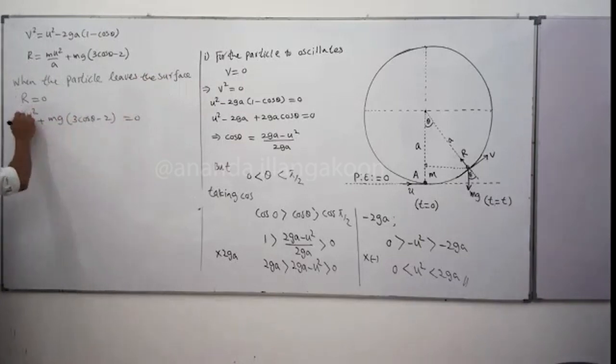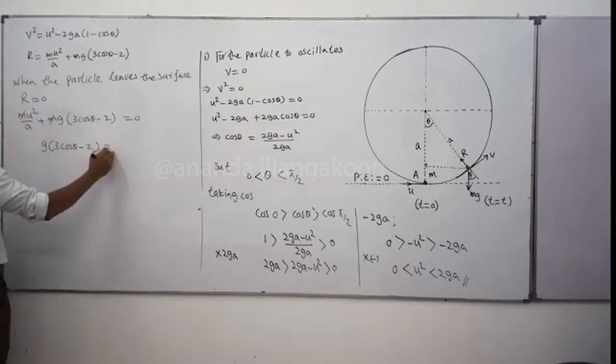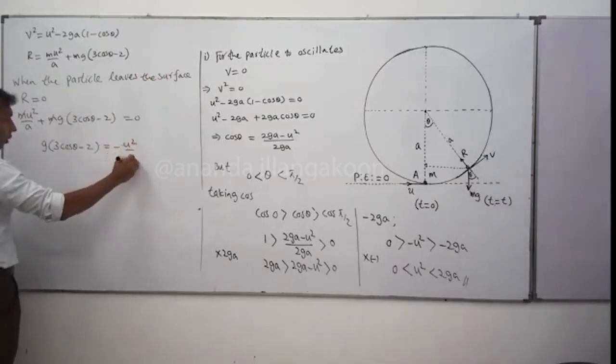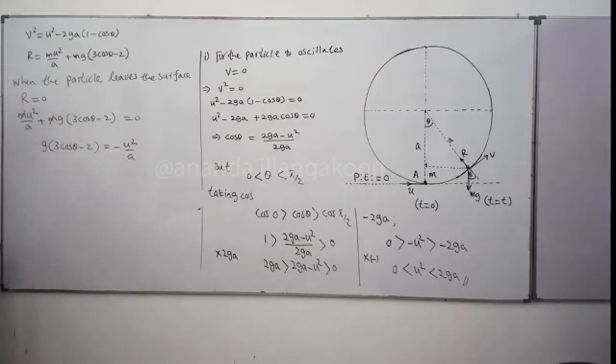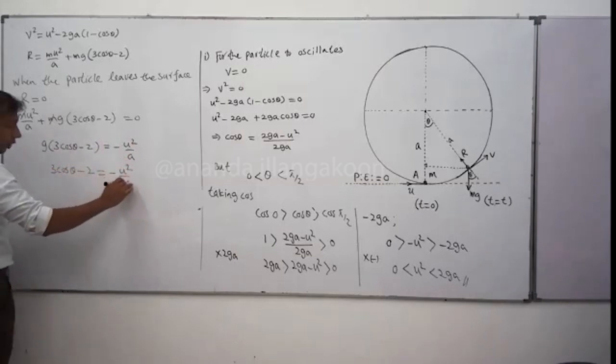The m can cancel down. Take this to the right hand side: g times (3 cos theta minus 2) equals minus u squared by a. Then bring this g here: 3 cos theta minus 2 equals minus u squared upon g a.